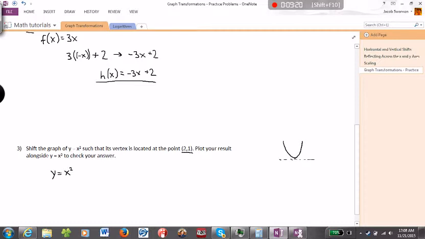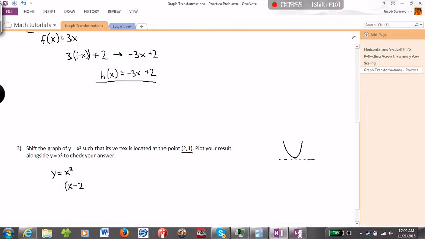And the first thing we'll do is shift it to the right. To do this, if we want to shift something to the right, we have to subtract something directly to x. We want to shift it to the right 2 units, so we're going to subtract 2 directly to x. So we're going to need a set of parentheses. So we'll go parentheses x minus 2.